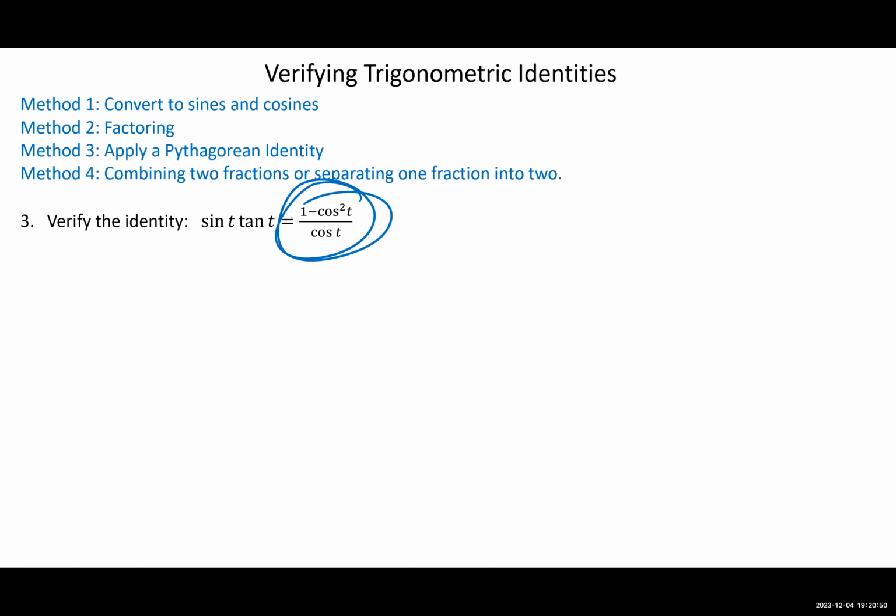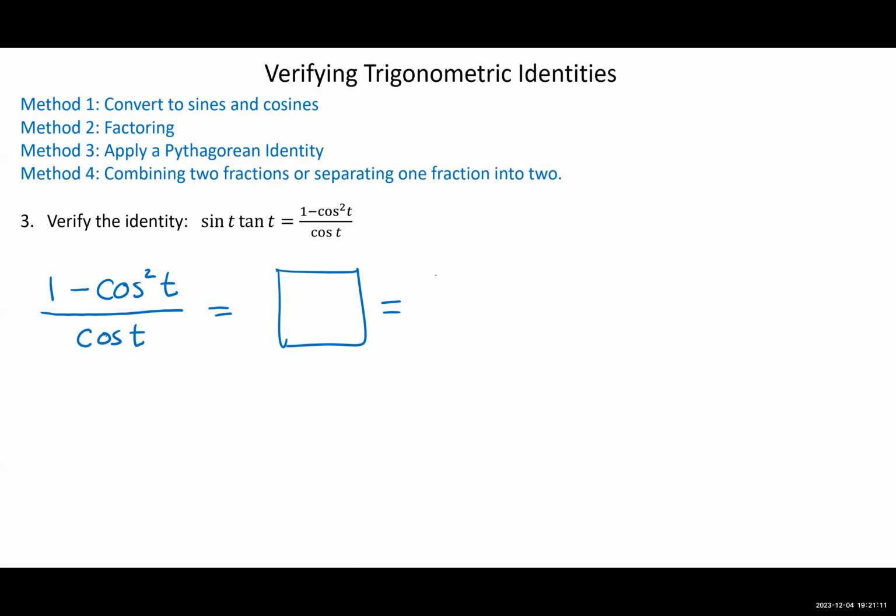So maybe we'll start with the right side. So let's start with 1 minus cosine squared of t divided by the cosine of t. And we want to do this is equal to something, which is equal to something, which is equal to something, which is equal to sine of t times the tangent of t. I want to connect the dots.